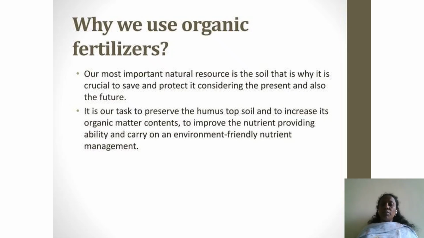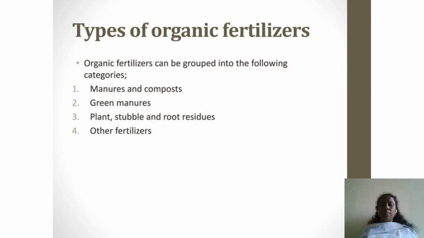To carry on environment friendly industries, use organic fertilizers. Organic fertilizers are utilized to fertilize the soil and improve the soil nutrients naturally, preserving the humid conditions of the topsoil.